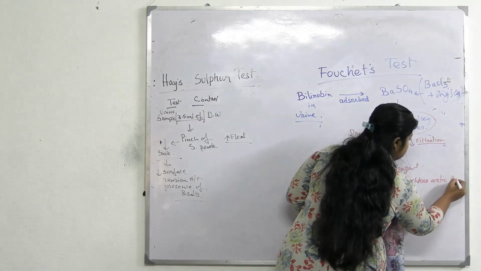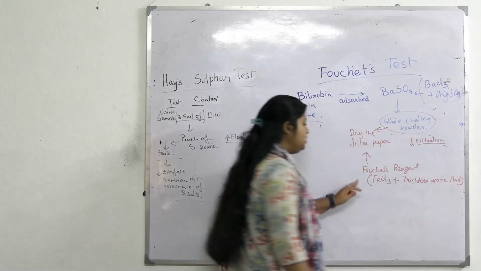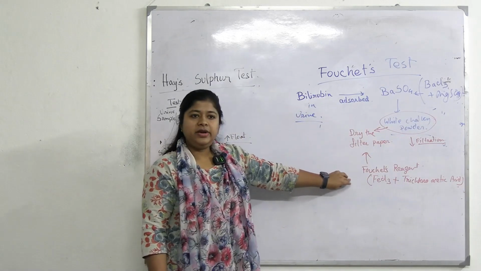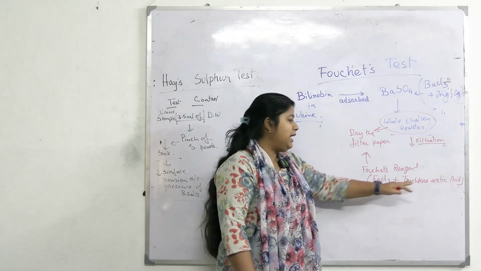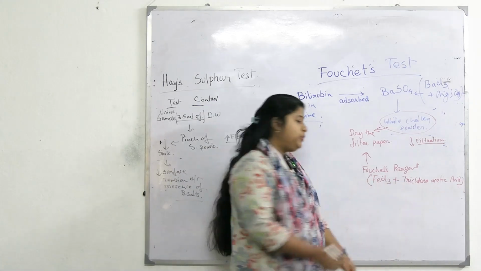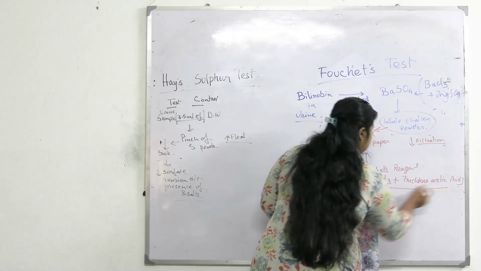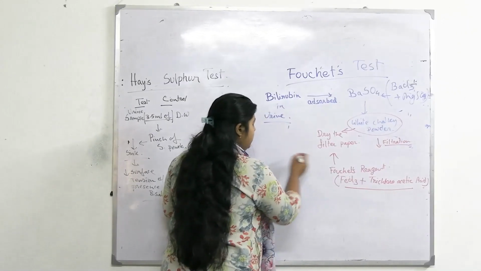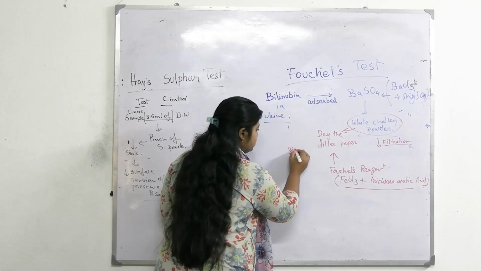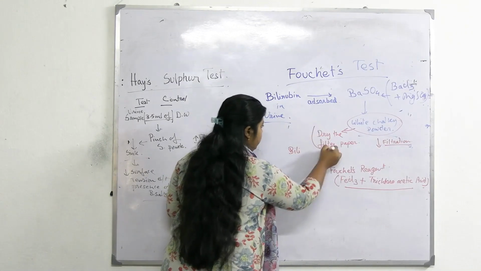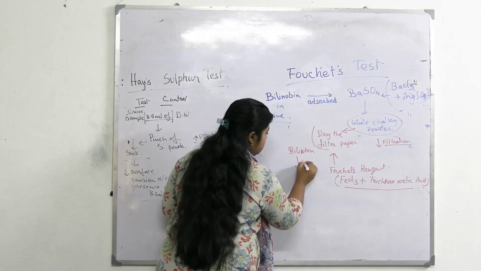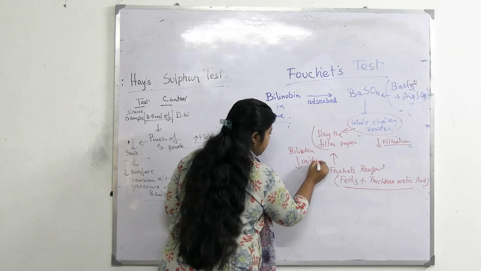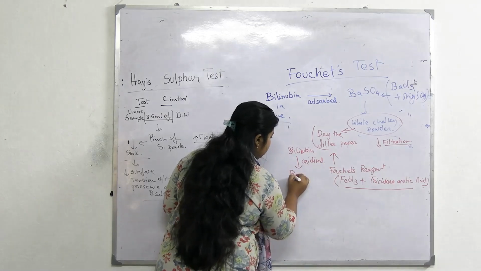Trichloroacetic acid. This is a ready-made reagent we use. It contains ferric chloride and trichloroacetic acid. In presence of ferric chloride and trichloroacetic acid, the bilirubin present in this paper is oxidized to biliverdin.